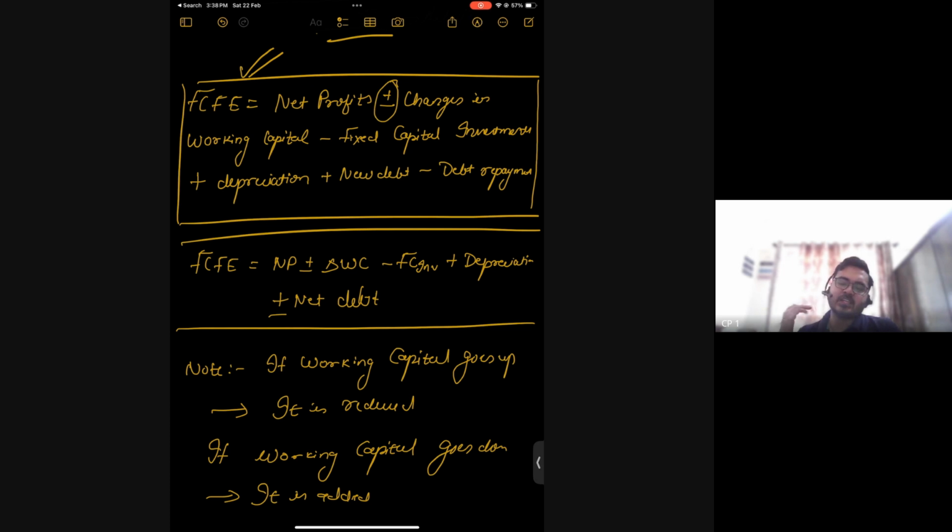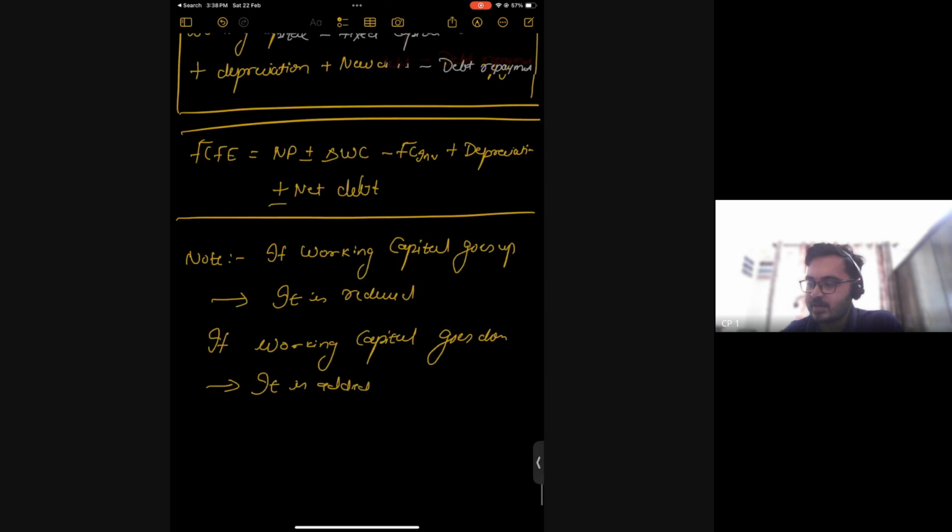So free cash flow for equity is nothing but net profits plus minus changes in working capital minus fixed investment plus depreciation plus net debt that you have taken on the book, which means add debt and reduce the debt repayments that you have done. Now let's try to understand fundamentally what is happening in this situation, right?